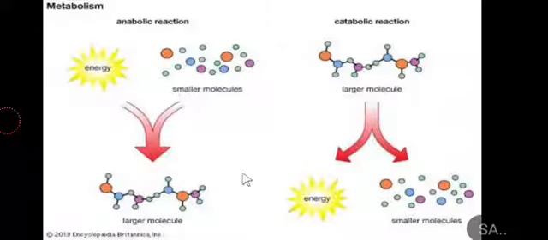Now you can see here these smaller molecules, they are utilizing the energy and they are making the larger molecules. So they are basically undergoing the endergonic process in which the energy is absorbed. Here you can see the catabolic reaction. In catabolism, the large molecule is splitting into smaller molecules and energy is also liberating. So this is basically the catabolic reaction, and this is basically the exergonic process because energy is just releasing.